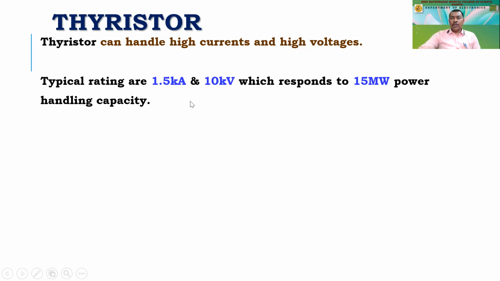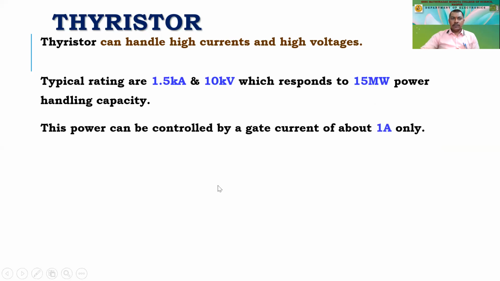Now in this case, we are expecting a current in the range of 1.5 kiloamperes and 10 kilovolts. If you multiply this, the product is around 15 megawatts of power.